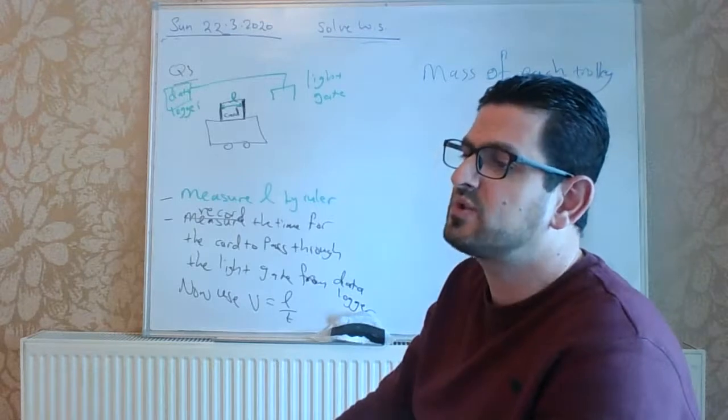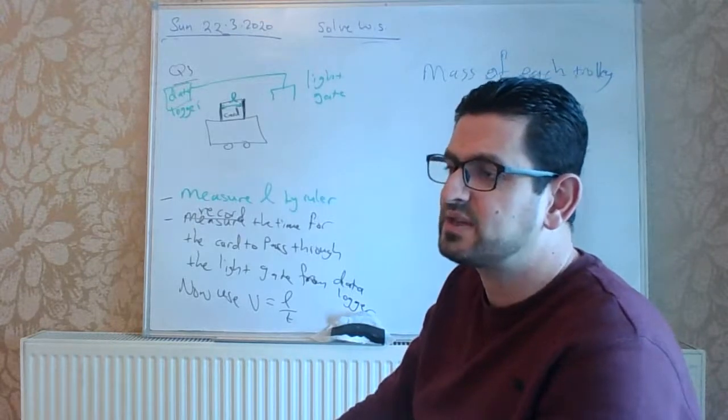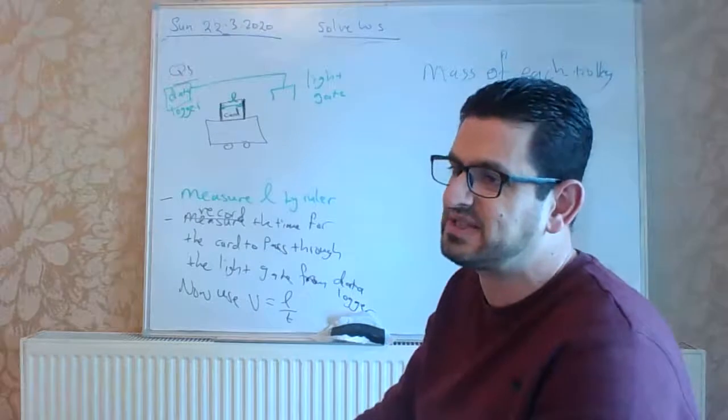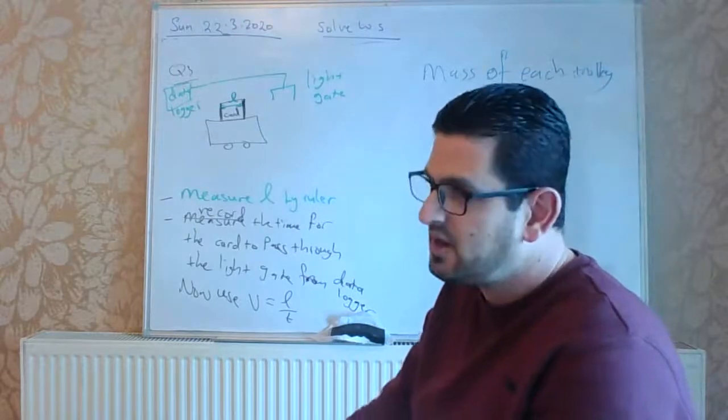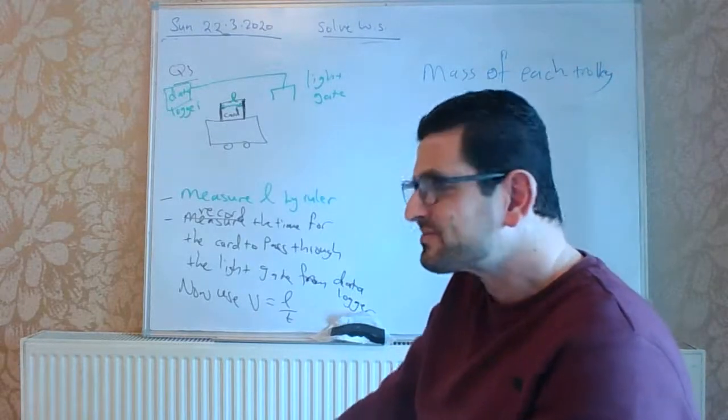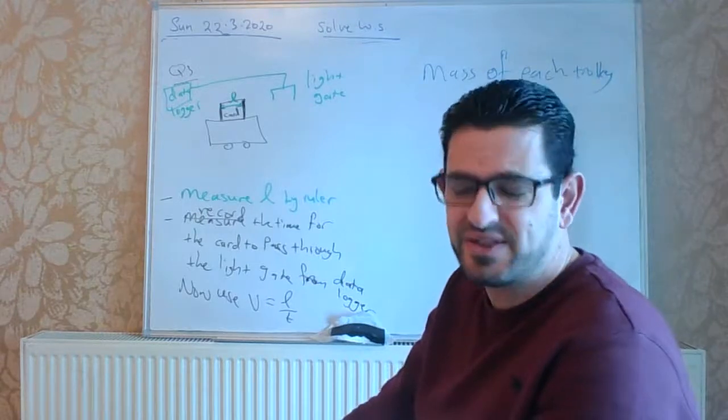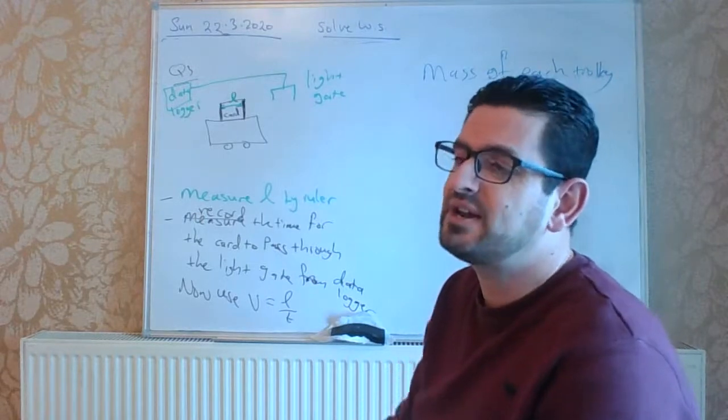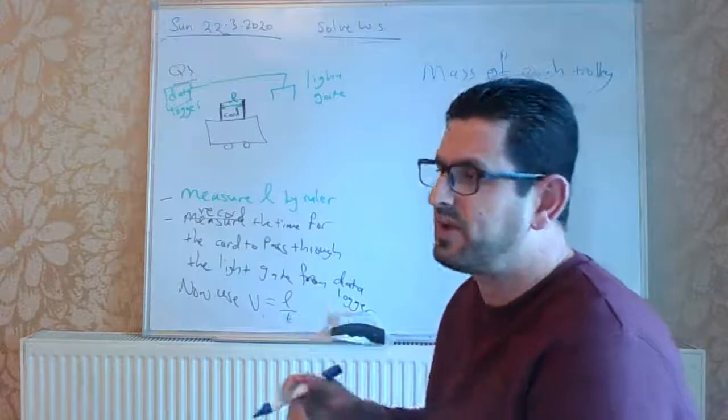Because we want to know the velocity just before and just after the collision. If the velocity is changing, then you may measure a different velocity than what it should be.